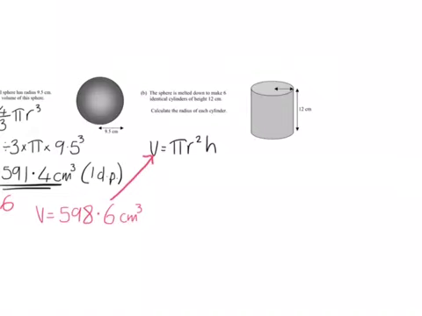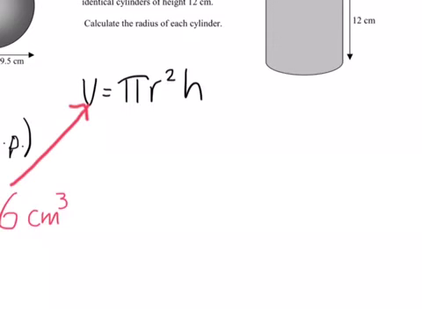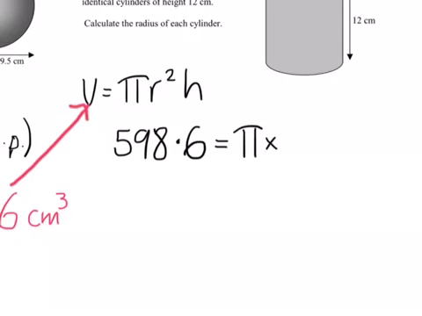So we'll go ahead and do that. So our volume is 598.6, and that's equal to pi times the radius squared multiplied by the height, which is 12.